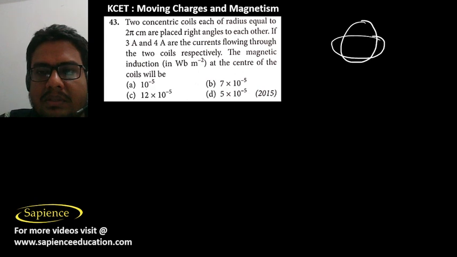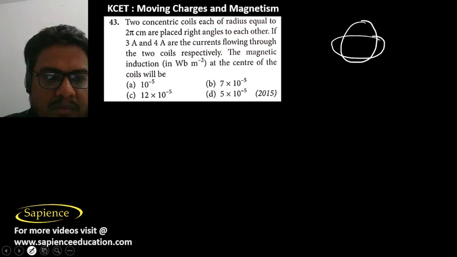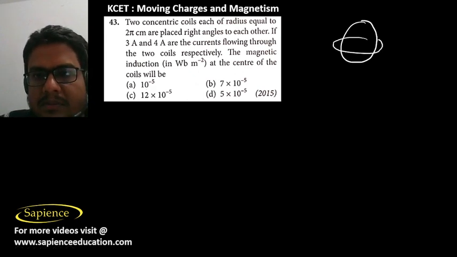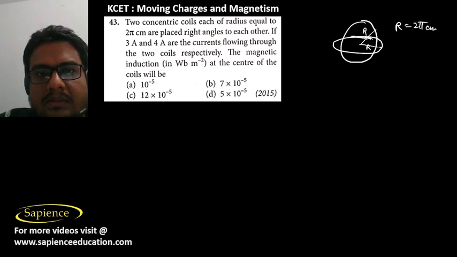So both their radii are same, R is equal to 2 pi centimeter. If 3 ampere and 4 ampere are the currents flowing through the two coils respectively, then the magnetic induction at the center of the coils will be how much?